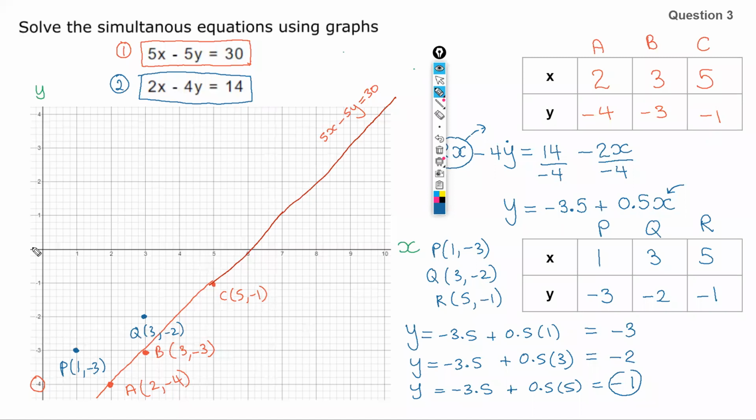And R is (5, -1). Oh, wait, it so happens that C and R, look at it, C and R are the same thing, right? This is point R here. R and C happen to have the same value. So if you were to take your ruler and join these 3 points, you will get something like that. Once again, yours will look better than mine.